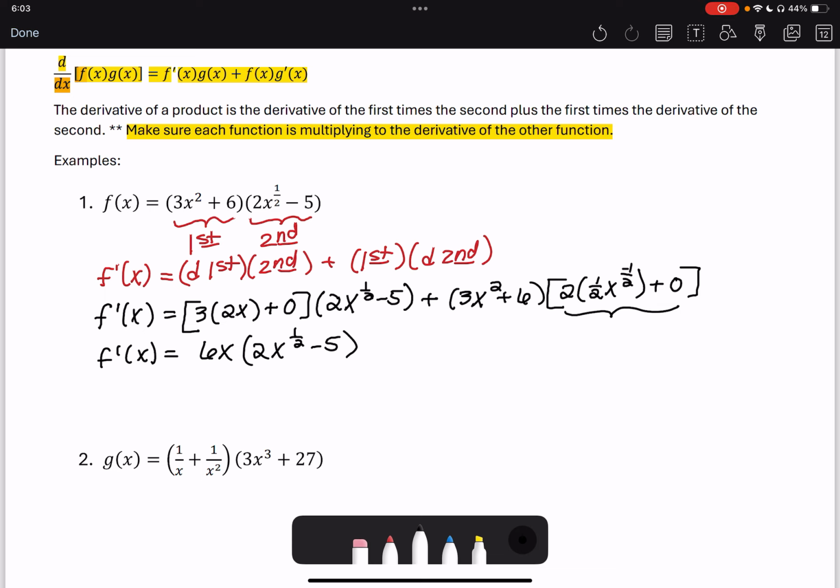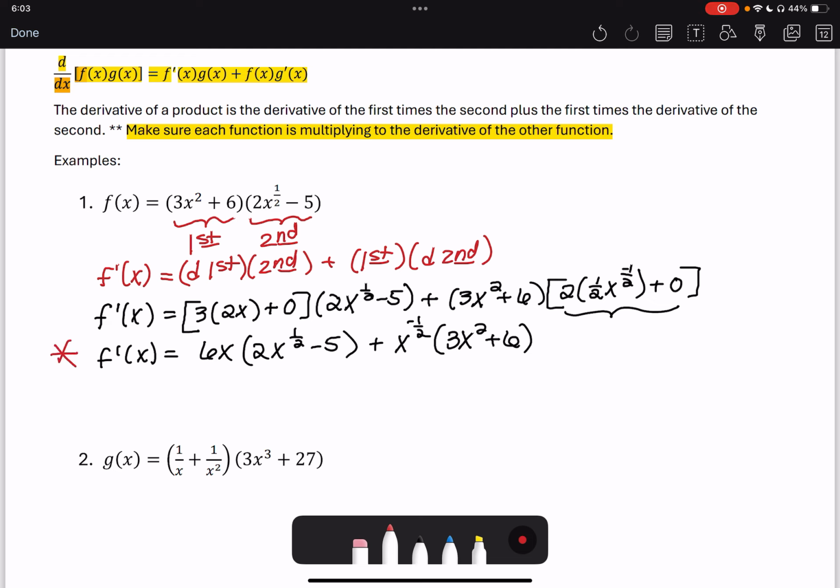So that whole thing simplifies down to x to the negative 1/2. I'm just going to put that in the front so it's a little bit easier to see. Okay, and then multiply to the 3x squared plus 6. So this would be your answer for your derivative.